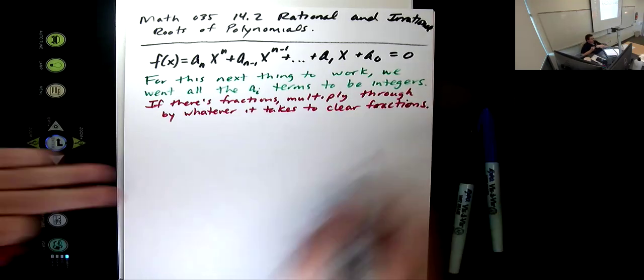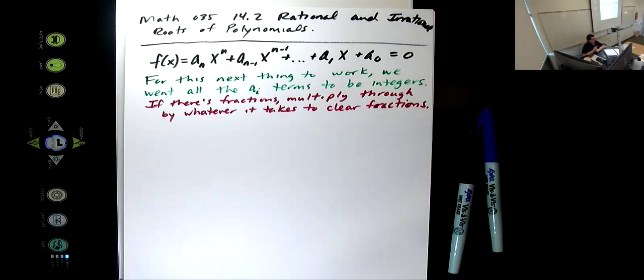It doesn't change the right side if I multiply through by 2 or 108. Anything times 0 is still 0.